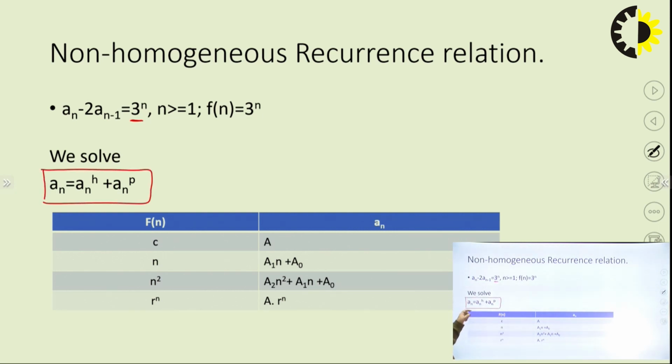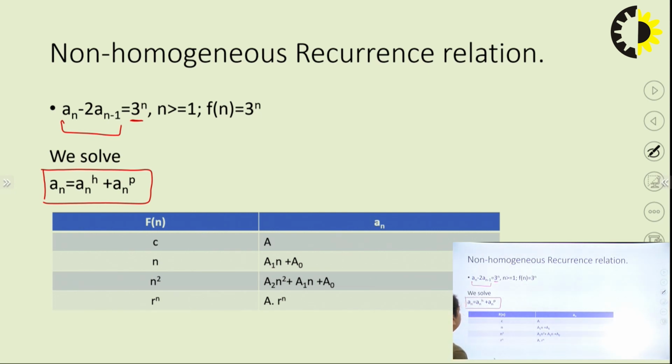This general solution is an is equal to anh plus a particular solution, where this anh is the solution to the homogeneous part, because whenever we have a non-homogeneous recurrence relation, it will have two parts. If I equate this left hand side to 0, this becomes the same as a simple homogeneous recurrence relation.